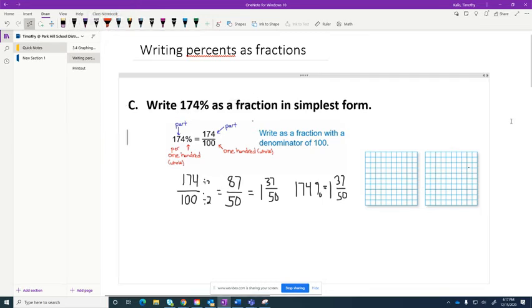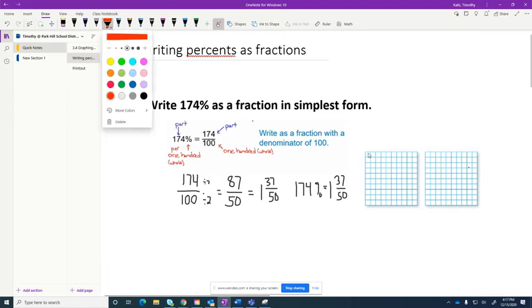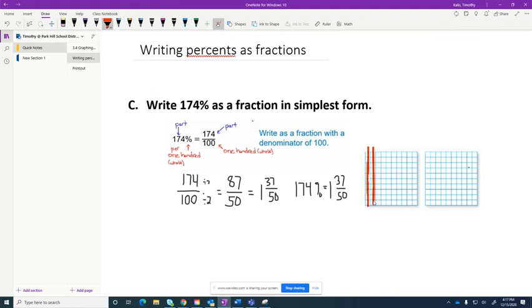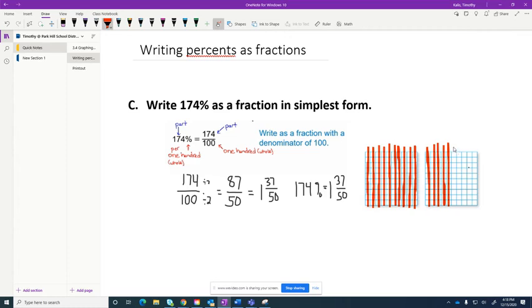So you start to shade 10, 20, 30, 40, 50, 60, 70, 80, 90, 100, 110, 120, 130, 140, 150, 160, 170 squares, and now we're going to shade in those last 4 squares, 171, 172, 173, 174.